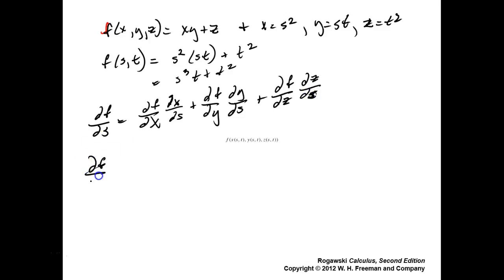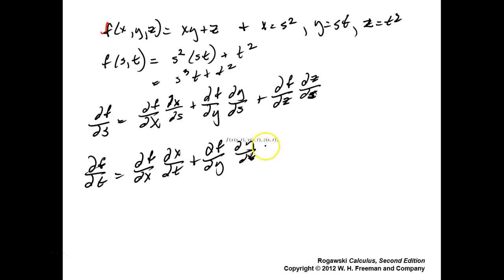Whereas the partial of f with respect to t is partial of f with respect to x, partial of x with respect to t, plus partial of f with respect to y times partial of y with respect to t, plus the partial of f with respect to z times the partial of z with respect to t.